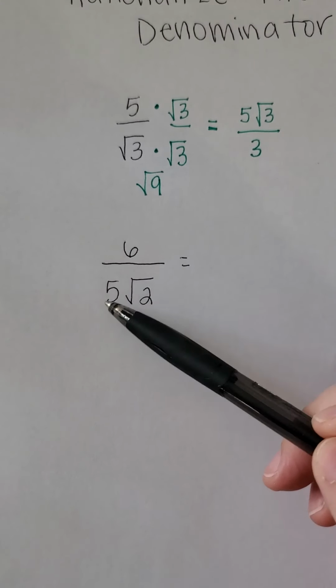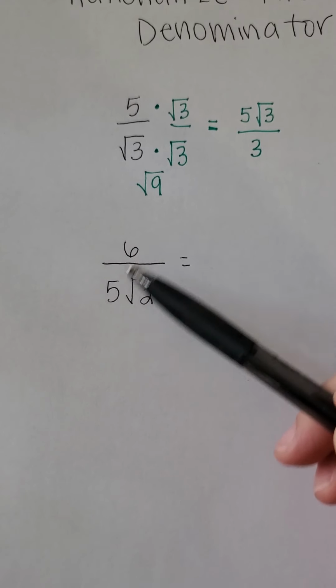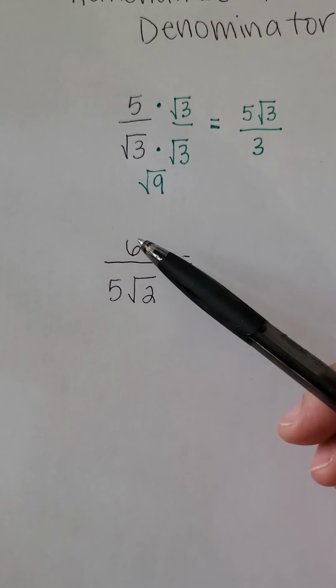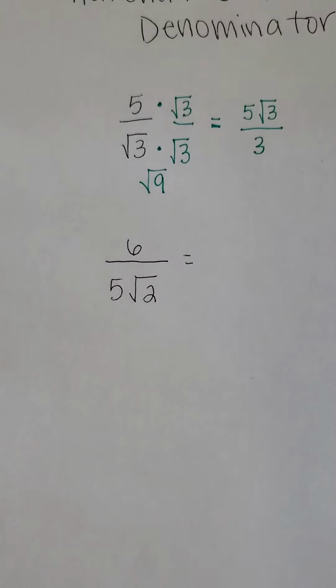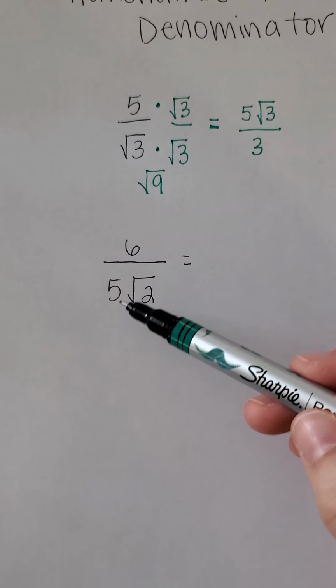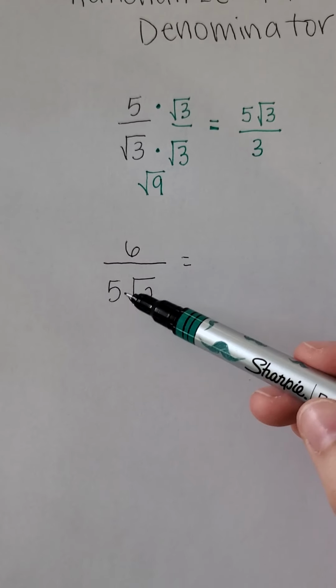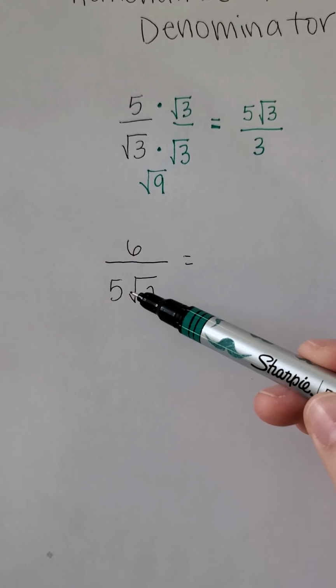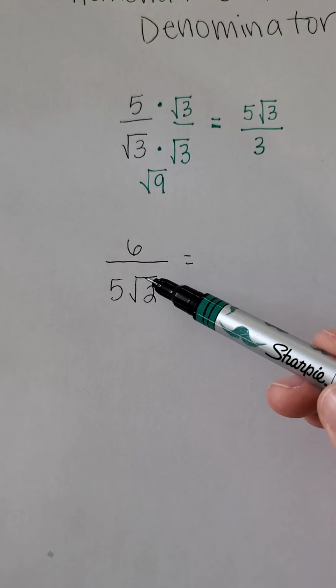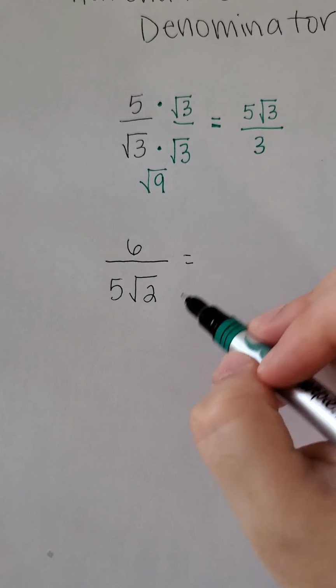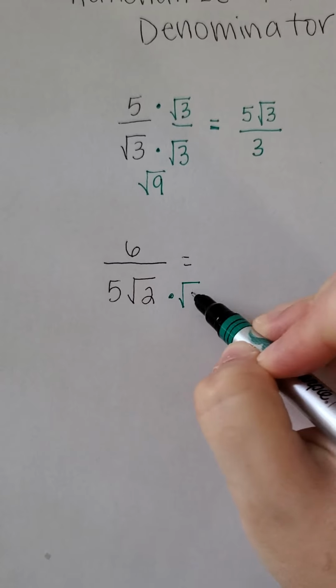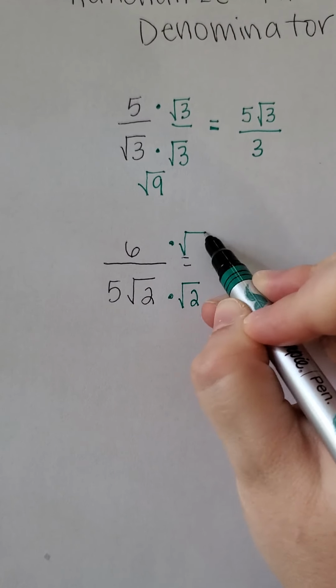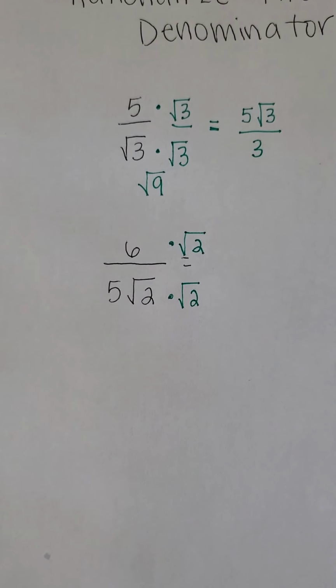First, personally, I would look at the 2 whole number pieces and see if they reduce, but 6 over 5 doesn't reduce, so I'm going to have to keep going. I can see my denominator does have a square root, and that's the only thing I want to get rid of. So you're always going to multiply by whatever the square root piece is. So I'm going to multiply this by the square root of 2.